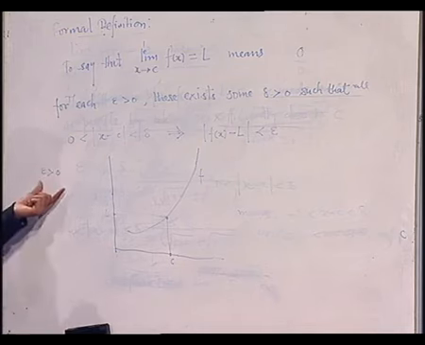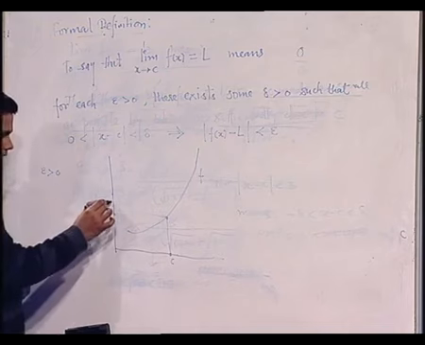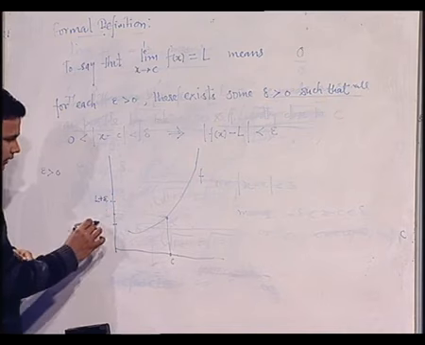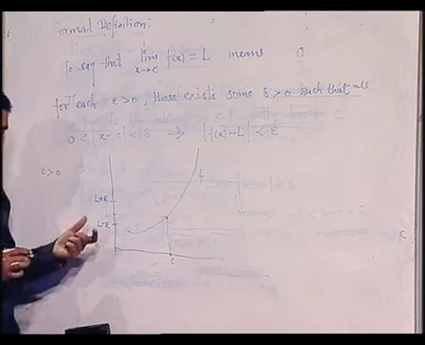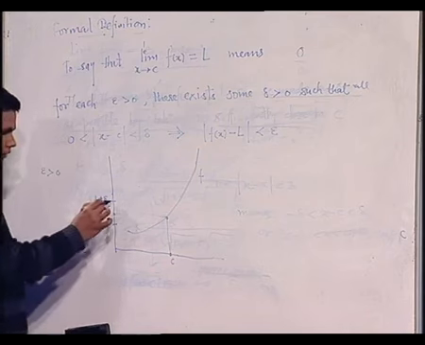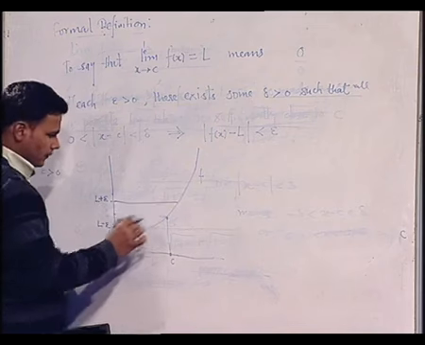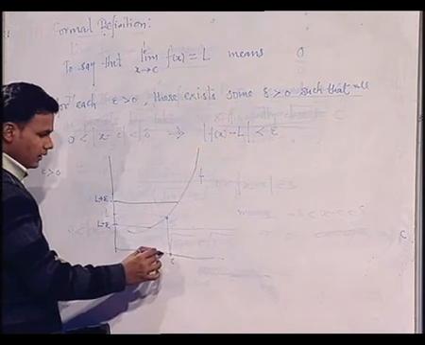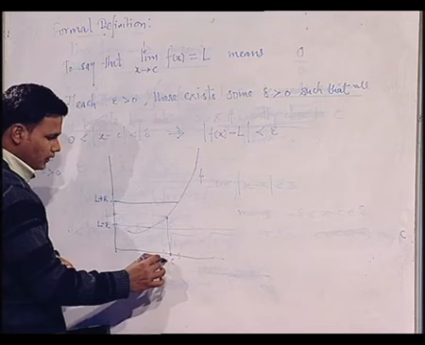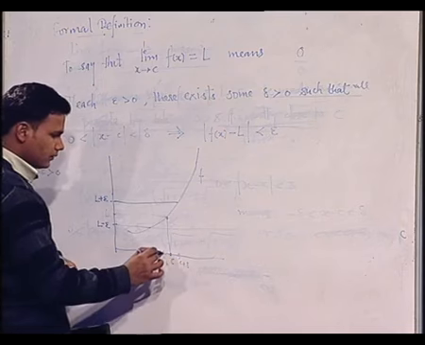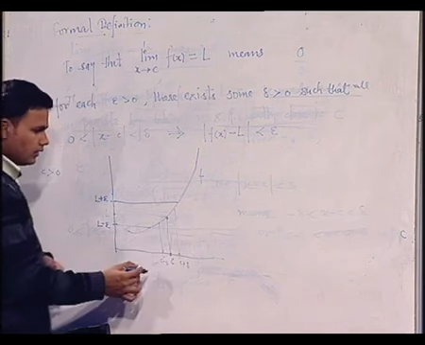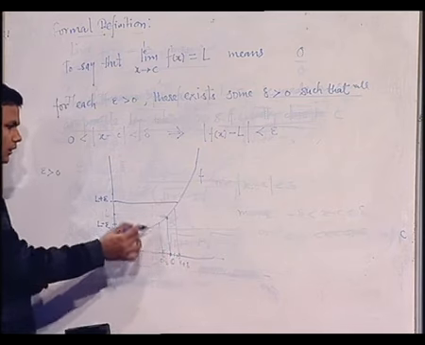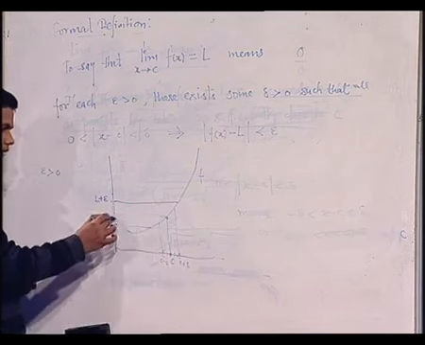Let us choose some epsilon greater than 0. Then this number is L plus epsilon, and this is L minus epsilon. Corresponding to this epsilon, if you draw straight lines, we will get some delta, so that this is c minus delta and this is c plus delta, such that if x belongs to this interval, then all the f(x) will belong to this interval.